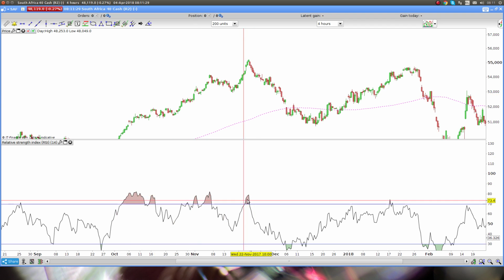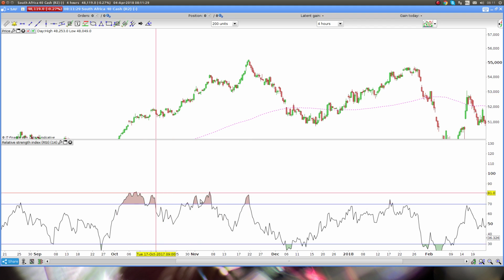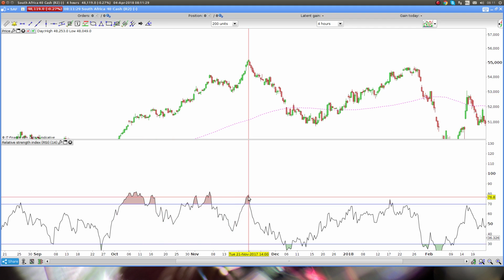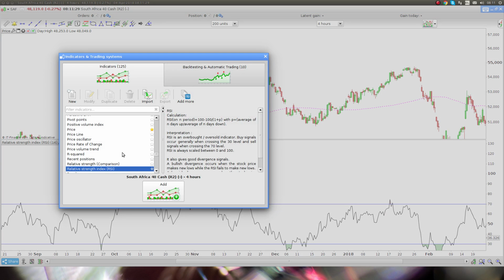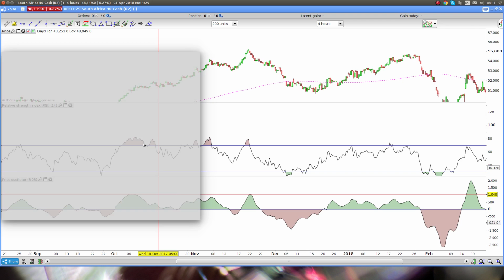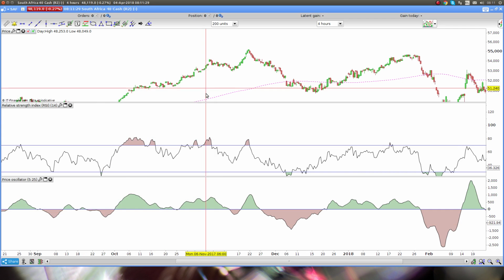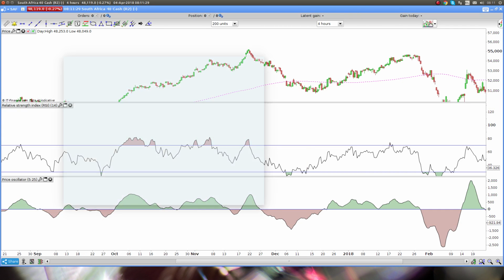So because these are lagging indicators, a lot of the time they will stay overbought or oversold for extended periods of time before actually making a turn. Now, I've seen charts that kind of look like this.